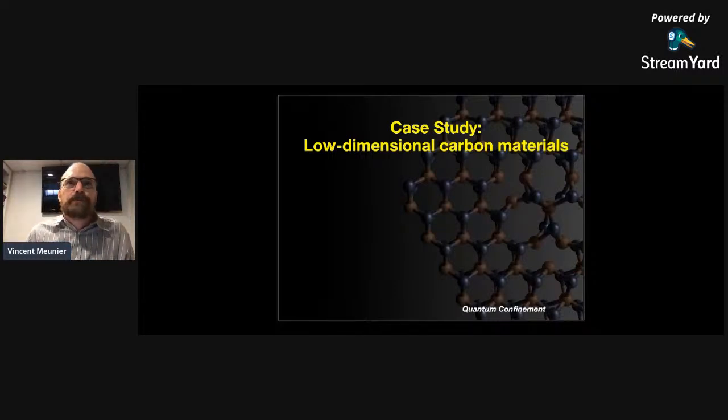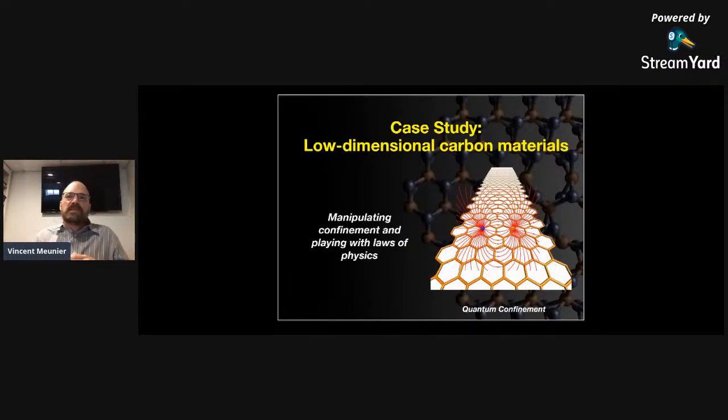So an example here is that if you take a piece of graphene, as I said, a 2D layer of material, and you cut it into nanoribbons, you are essentially imposing the wave function, the quantum mechanical property of the electron, to be confined in a certain object.